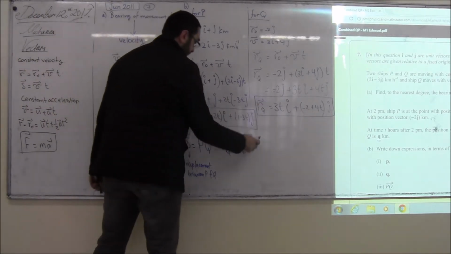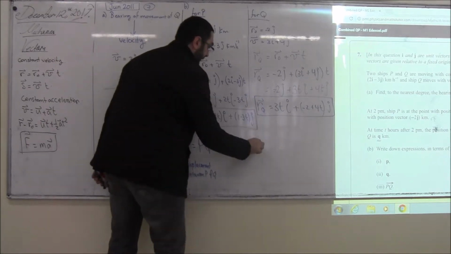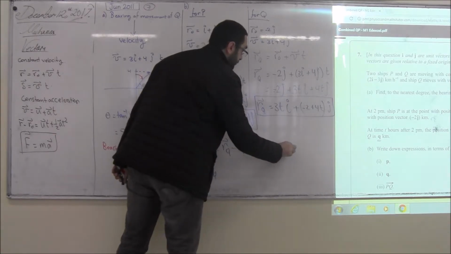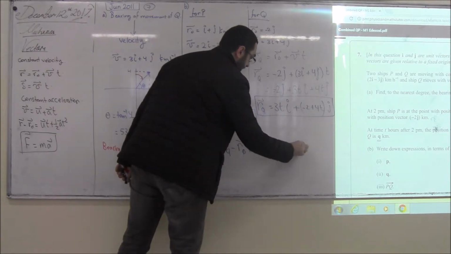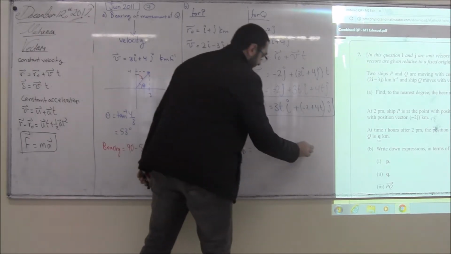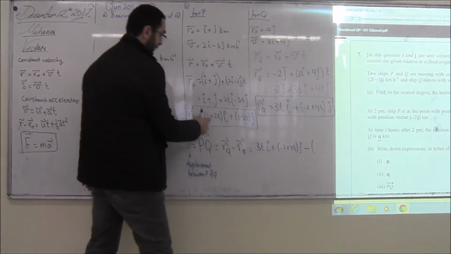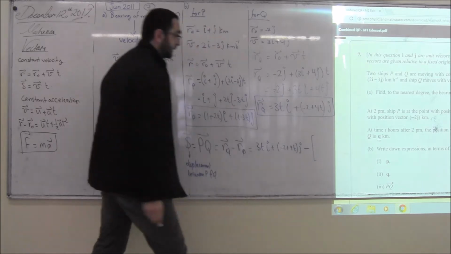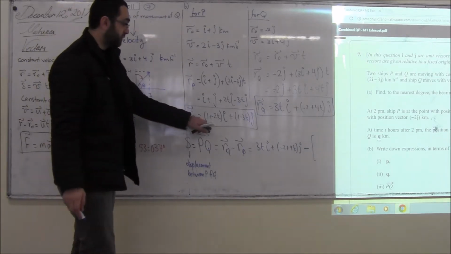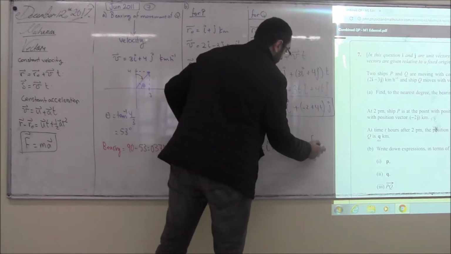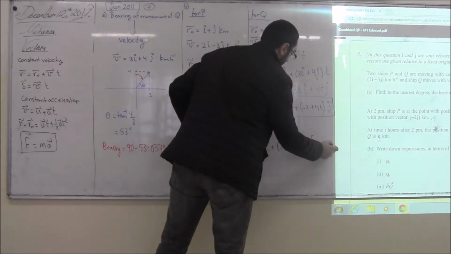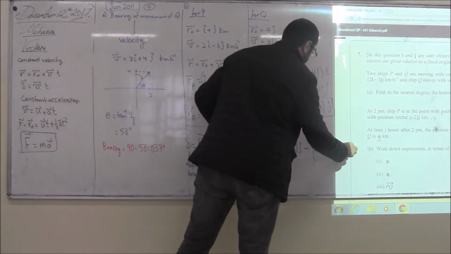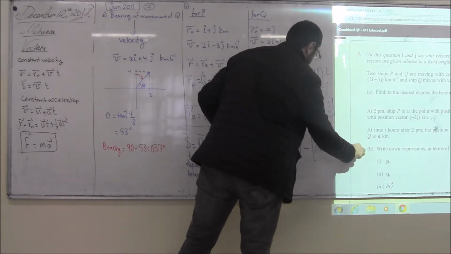This is RQ. Look: 3t i plus minus 2 plus 4t j, minus, right? It stays minus because here. What do we put now? 1 plus 2t i plus 1 minus 3t j.